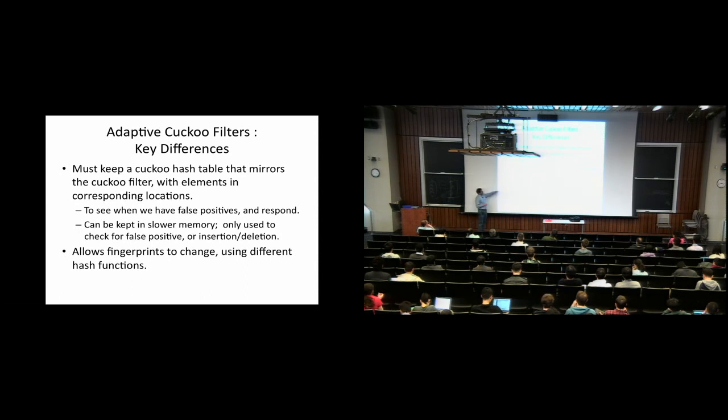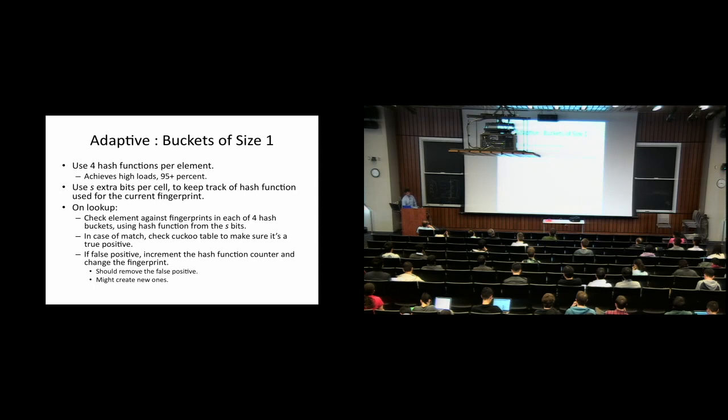Now, the way we're going to deal with the adaptivity is that, remember, we're keeping fingerprints for each of the keys. So if we see a false positive, a match that shouldn't have been a match because it matches one of the fingerprints, we'll go ahead and change the fingerprint associated with our key, but in a systematic way.